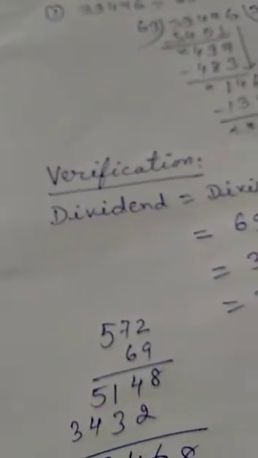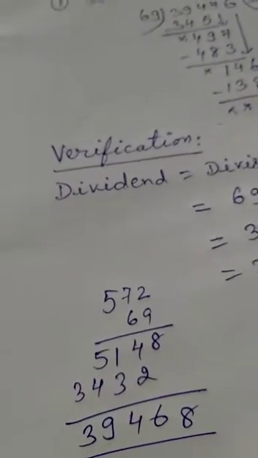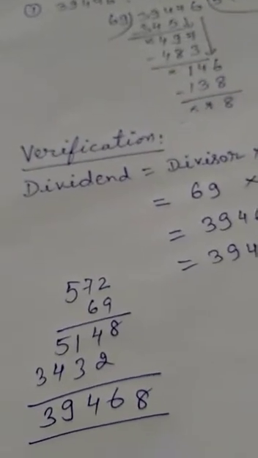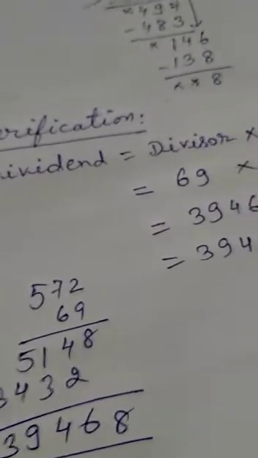When you divide any number by 100, all digits except digits at tens and ones place will be quotient, and digits at tens and ones place will be the remainder.